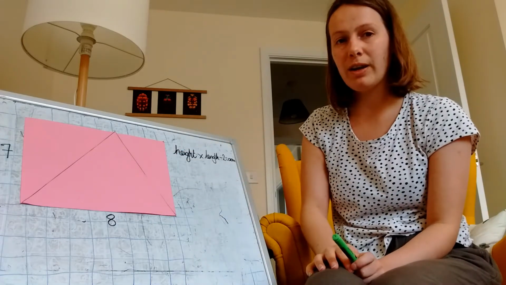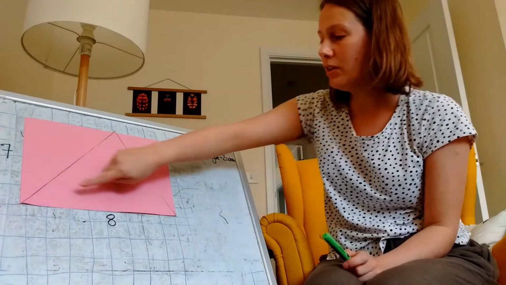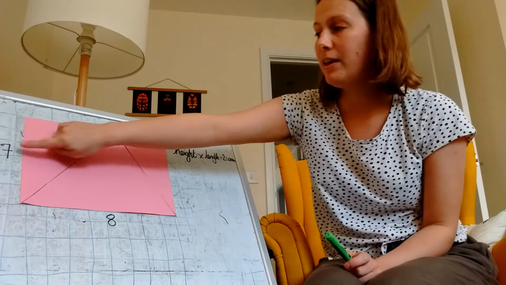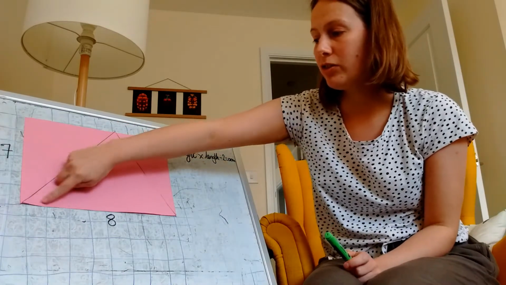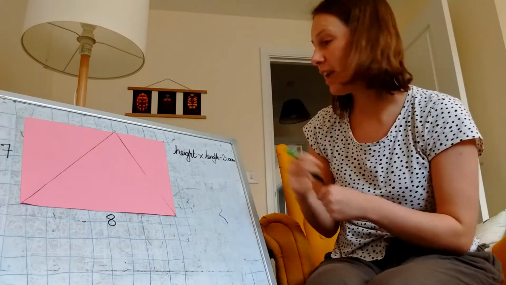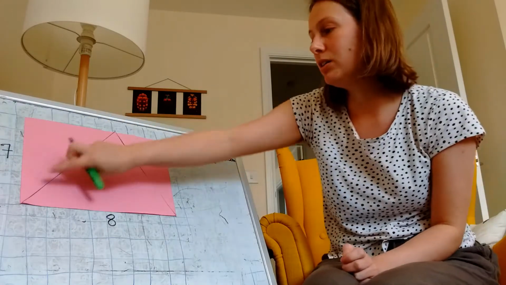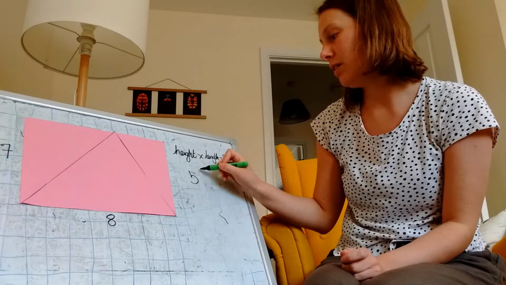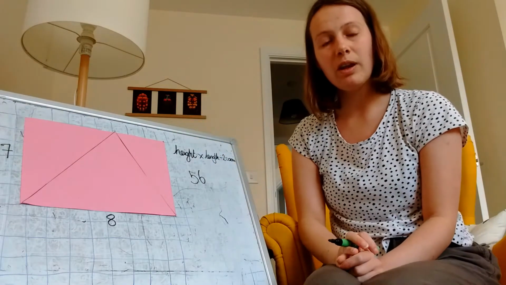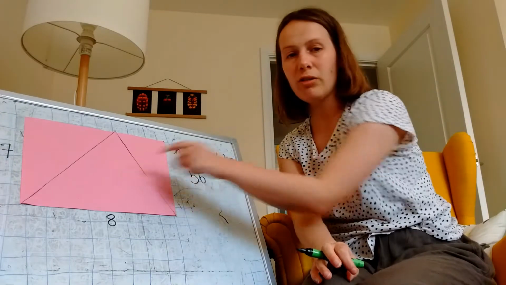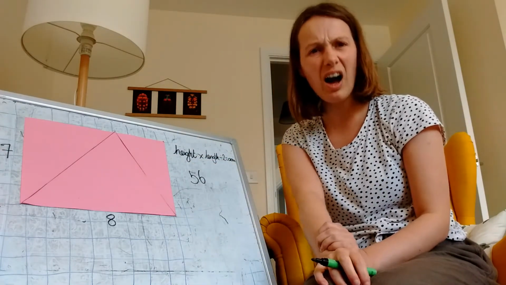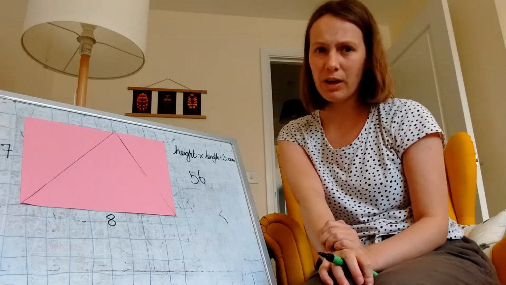Got another triangle here. The height, so the distance up, is 7, and the distance across is 8. So the area of this rectangle is going to be 56.